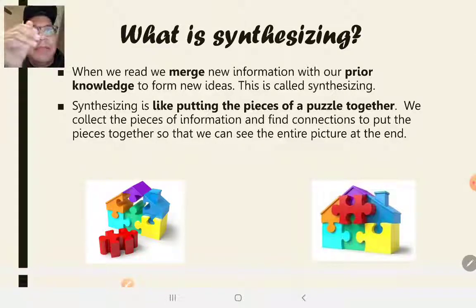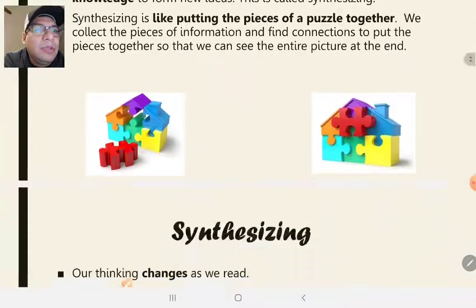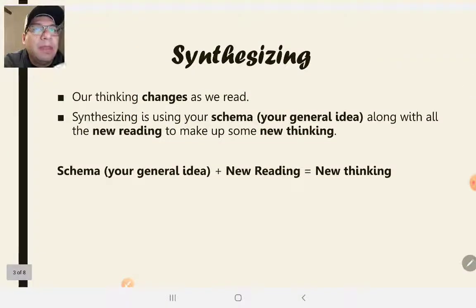We need various pieces of things, of ideas, thoughts, words, in order for us to come up with a new form of seeing things or understanding. So here we are, going to the next slide. Synthesizing. Our thinking changes as we read.